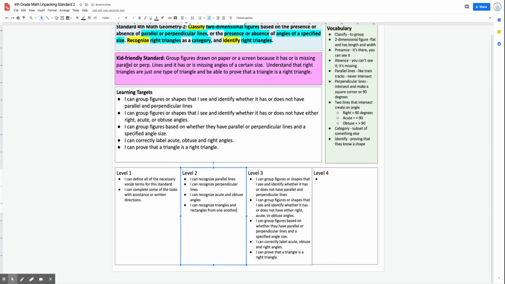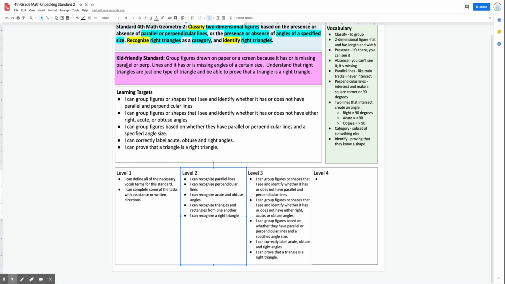But I'm not able to prove why I think it's a right triangle. Okay? So maybe I can recognize a right triangle, but I can't prove that it's a right triangle, right?